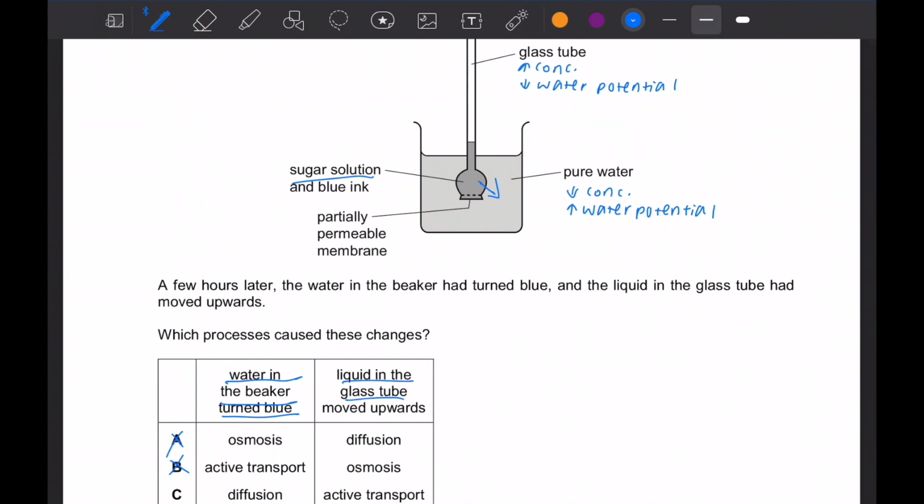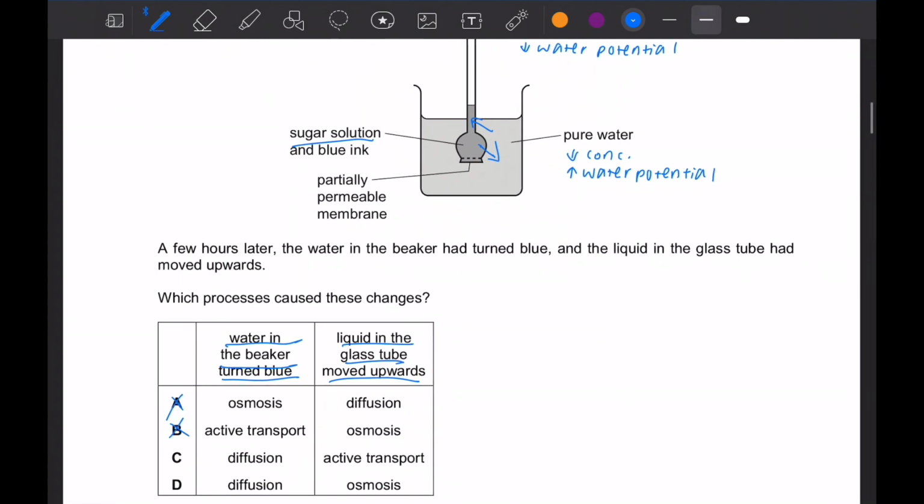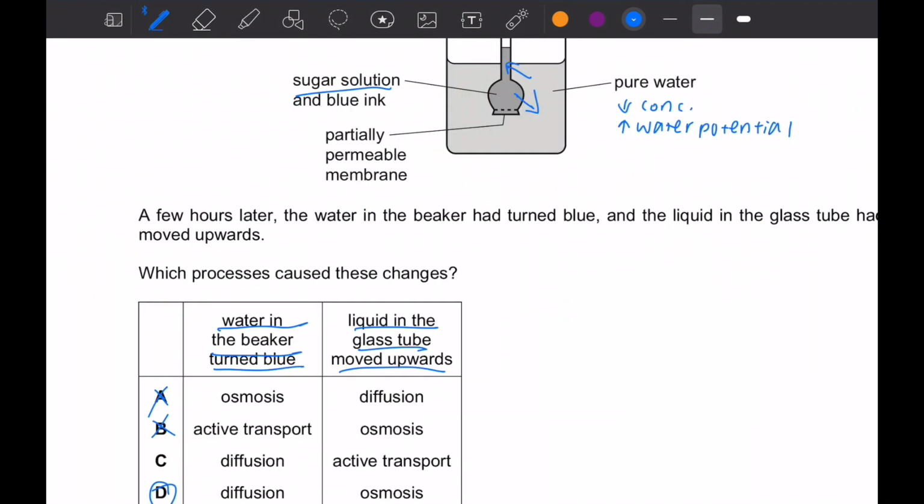The liquid in the glass tube moved upwards, meaning that most likely the water goes from the beaker to the glass tube. So the water moved from a region of higher water potential to a region of lower water potential, which is osmosis. So the answer is D. Active transport is the movement of molecules from a region of lower concentration to a region of higher concentration. So the answer can't be C.